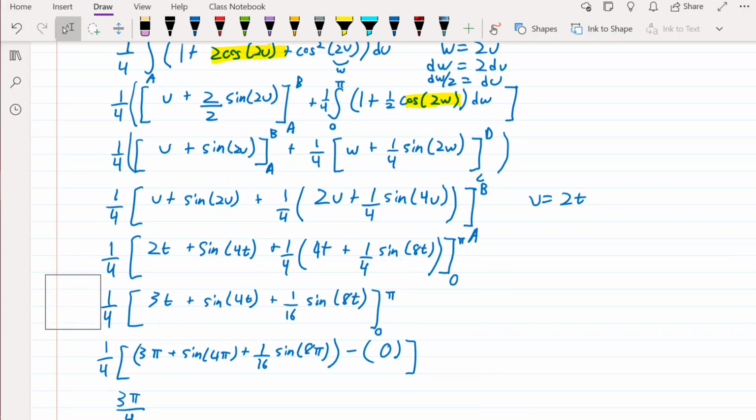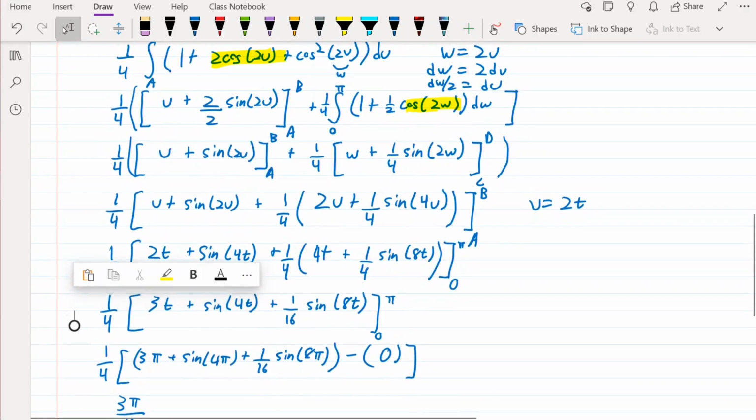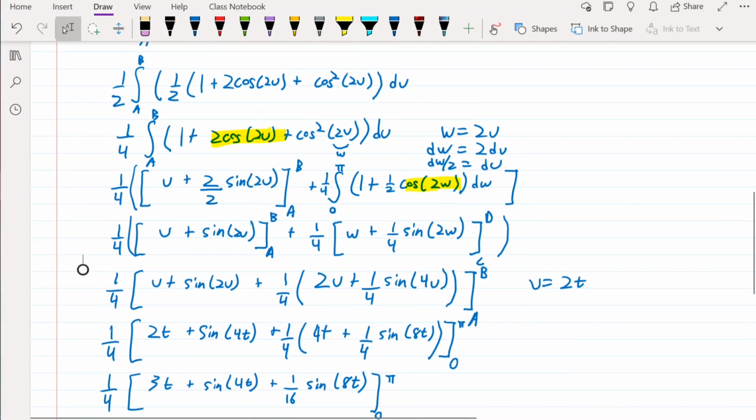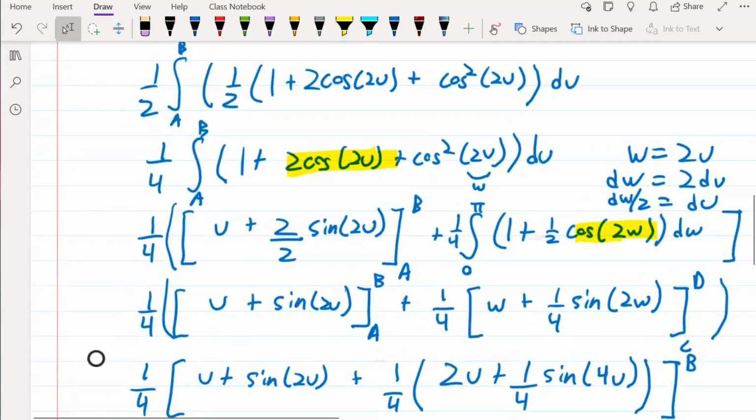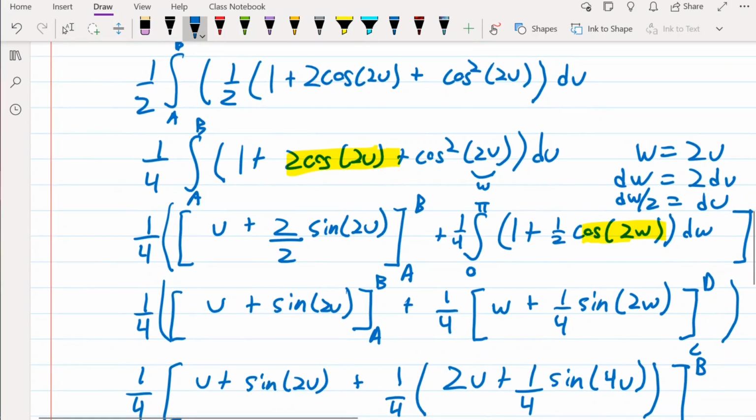So 3 over 2t, okay. I forgot some substitutions somewhere. I think I just need to redo this. I'll be honest, I think I need to redo this problem again. I cannot figure out why it's not matching up.